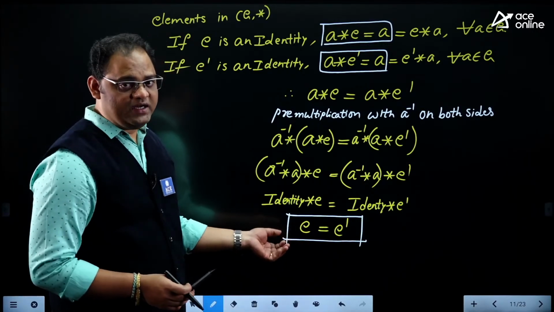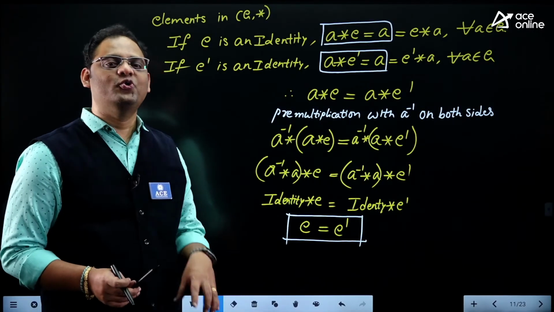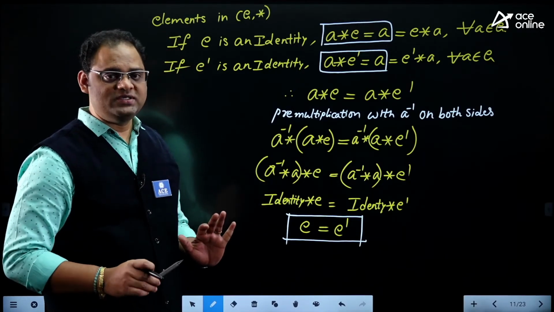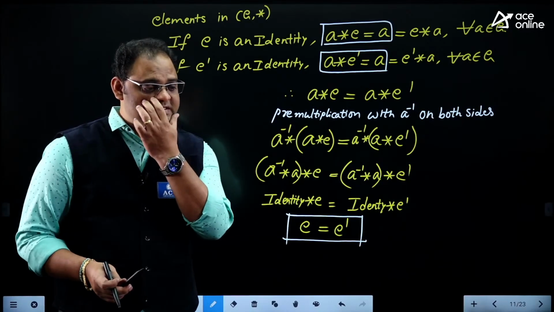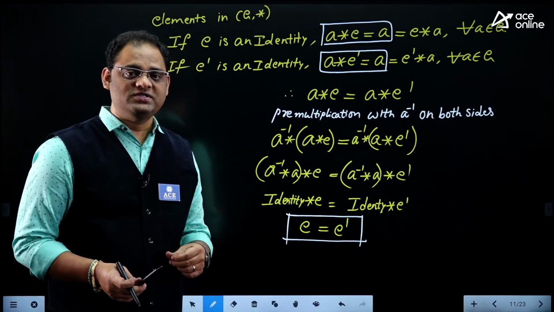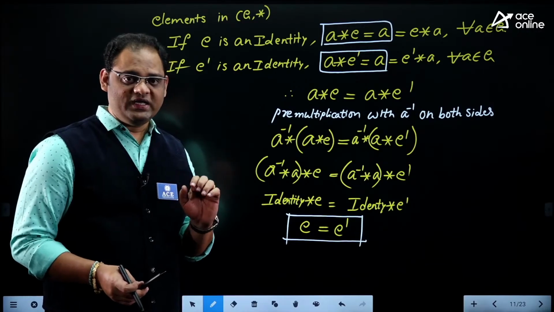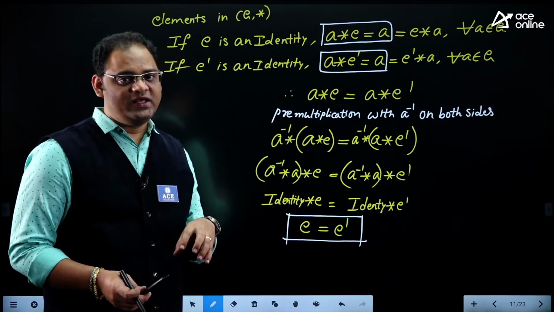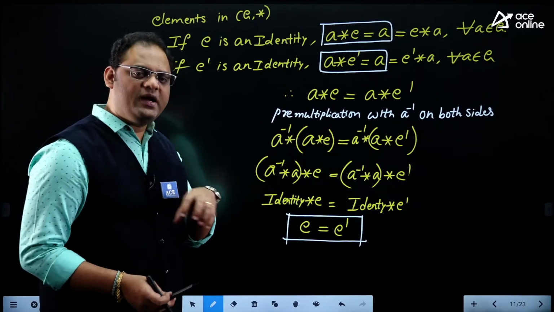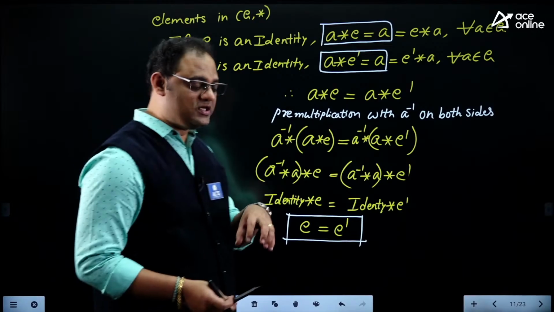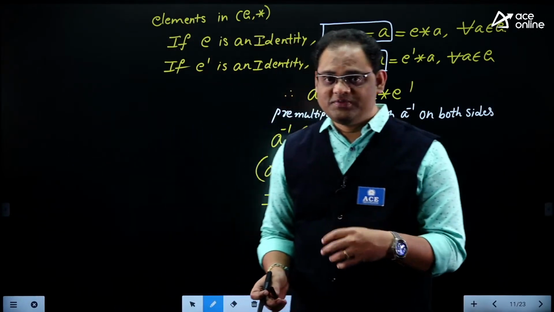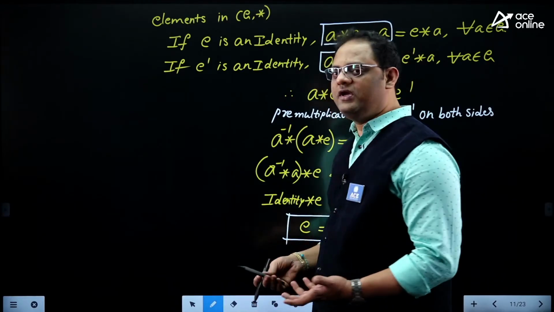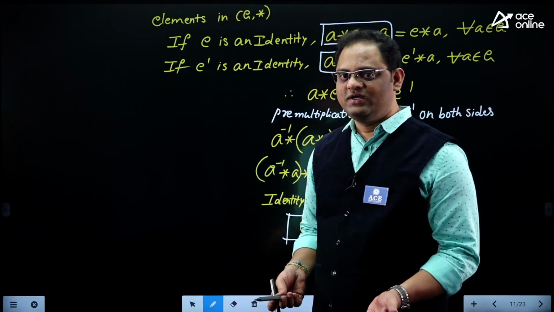Even if the identity element is E in the given group, in a subgroup also the identity element will be the same because the operation is the same. H star is a subgroup of G star, so G star is the group and H under the operation star is the subgroup. Whatever identity element is available in your given G, the same identity element must be available in your subgroup H also. In your subset H, you are applying the same star operation, so the identity element will be the same. It cannot be different.